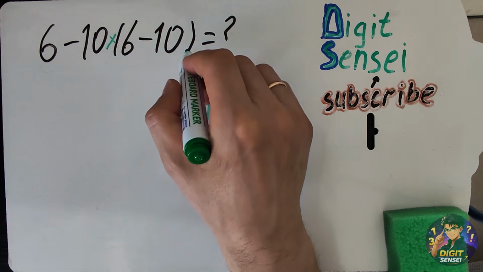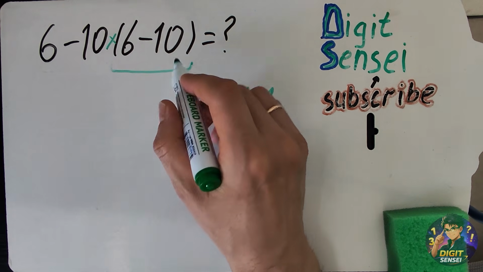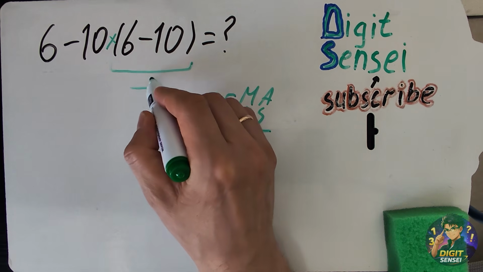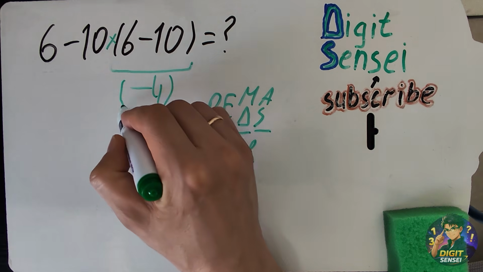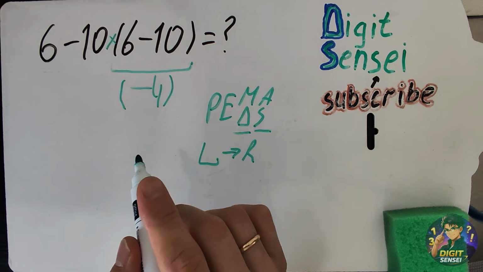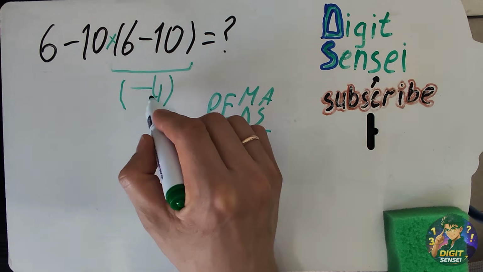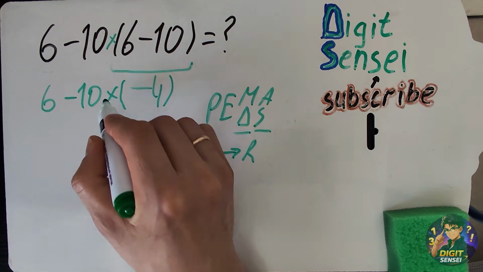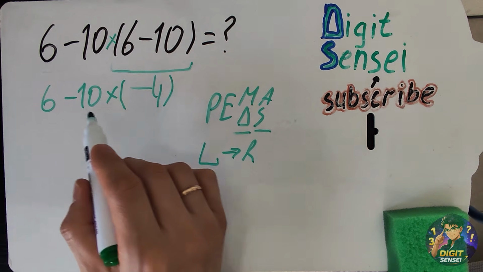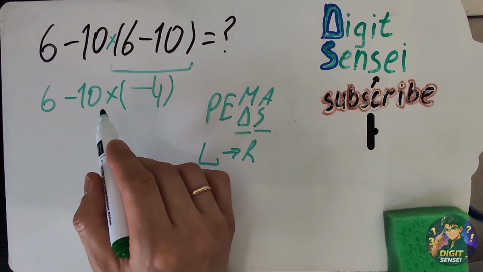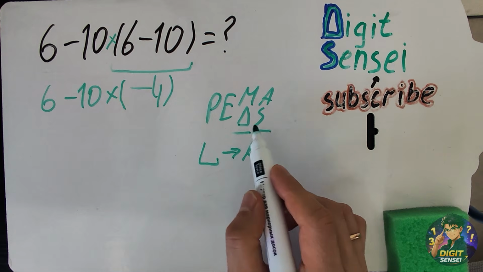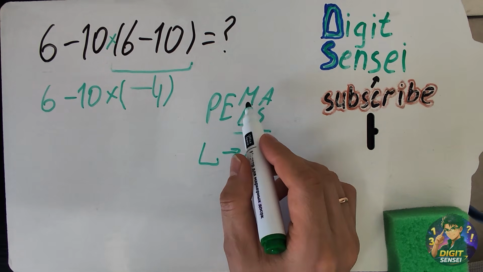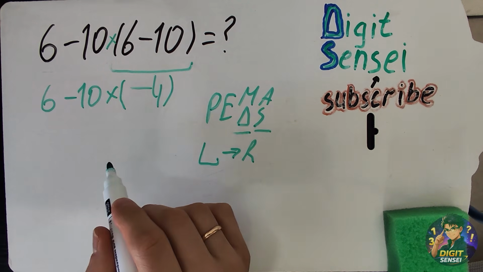So first we have to do this parentheses. Inside this parentheses we have 6 minus 10, which equals negative 4. So we have 6 minus 10 times negative 4. Now, in this expression we have one subtraction and one multiplication. According to PEMDAS, multiplication has higher priority than subtraction, because multiplication comes before subtraction.